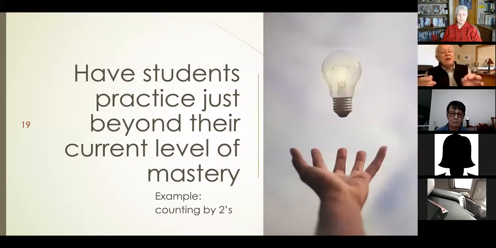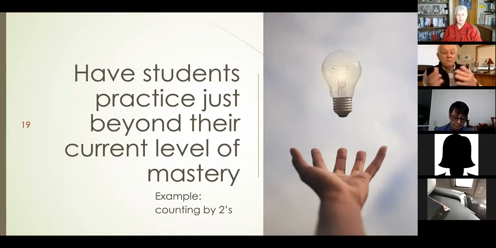And then we want to have them practice just a little tiny bit beyond their current level of mastery. As a counseling psychologist and an evaluating psychologist, I worked with students basically K through 12. And the two kinds of students that they bring you and they say, here, fix this kid.